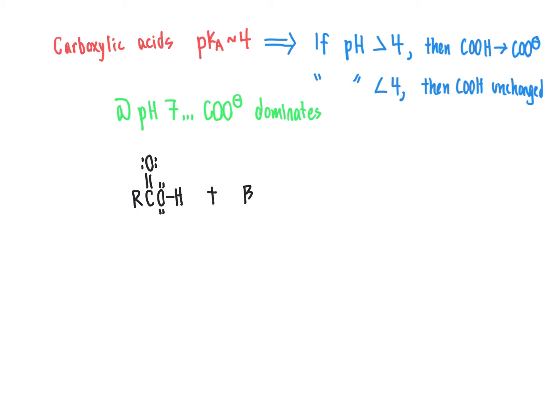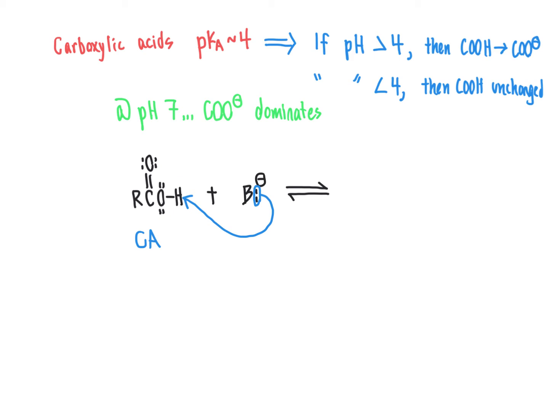When this reacts with a base, which I will abbreviate as B, with a lone pair of electrons to allow it to act as a base, and a negative formal charge on that, an equilibrium will form, where the base can come over here, grab a proton from the carboxylic acid, and we show that with this electron pushing arrow where we begin with the electrons at the beginning of the arrow, and then the head of the arrow targets that proton, indicating that the base is attacking the proton, and the way it attacks it is by using its lone pair of electrons.